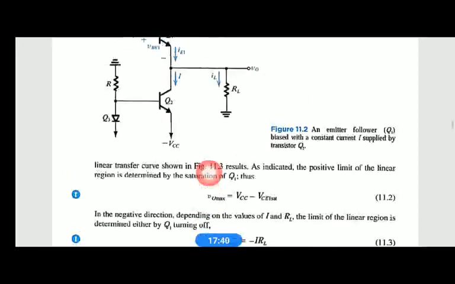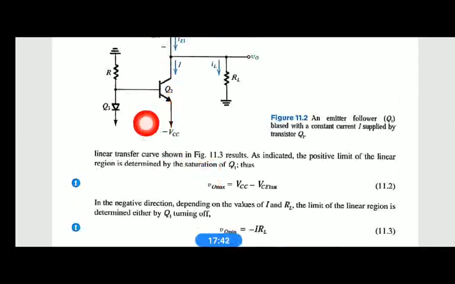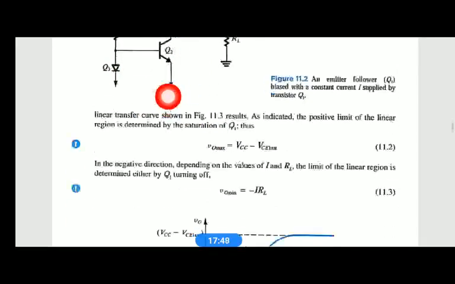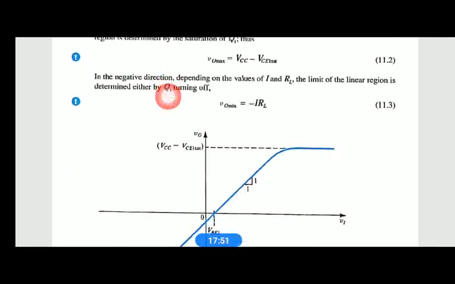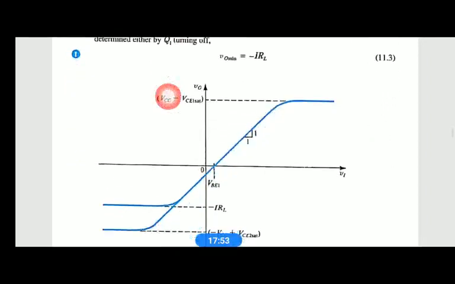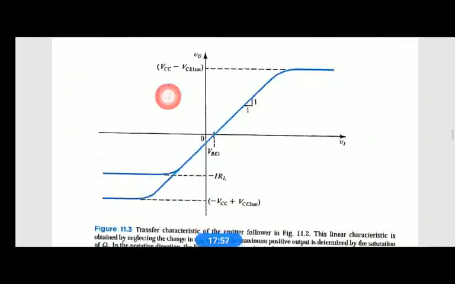If you change the value of the biasing current I, increasing it takes your minimum output below minus I into RL.